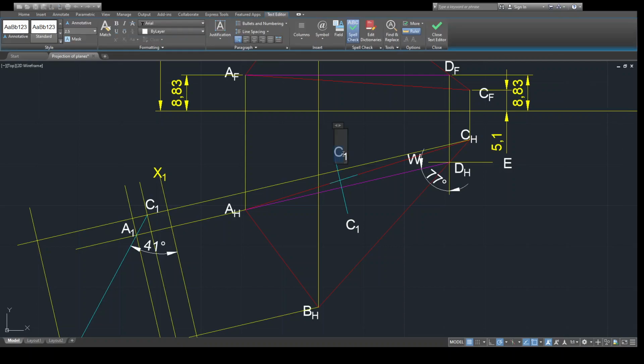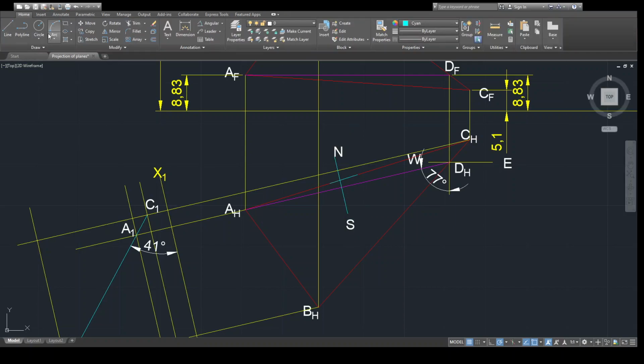So this becomes our north, then this is the south, then east, west.